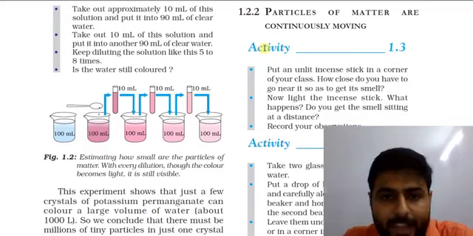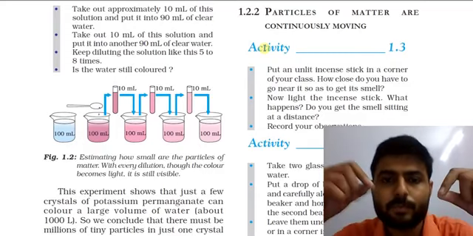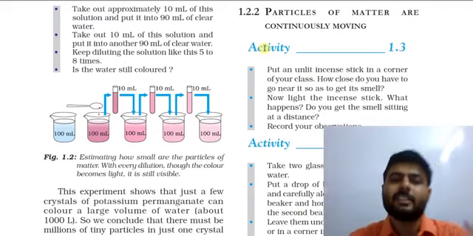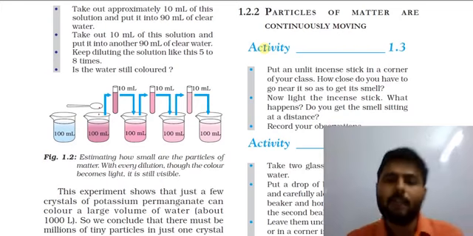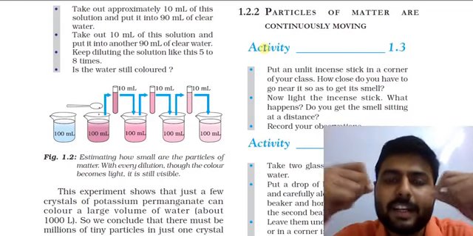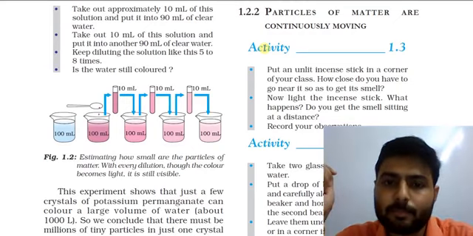If we want to smell it, we have to go somewhat near, or if the essence is not that powerful, we have to take it close to our nose to smell it.